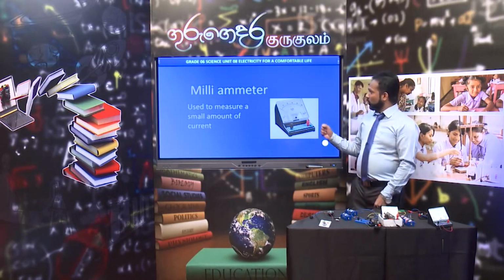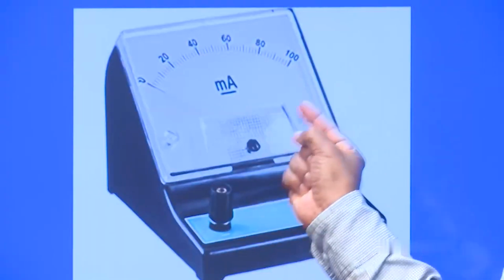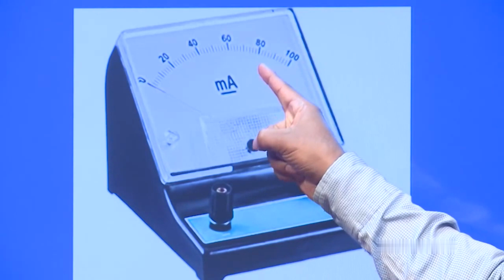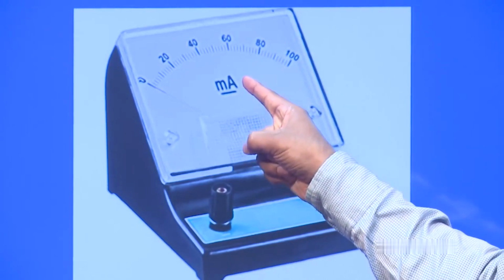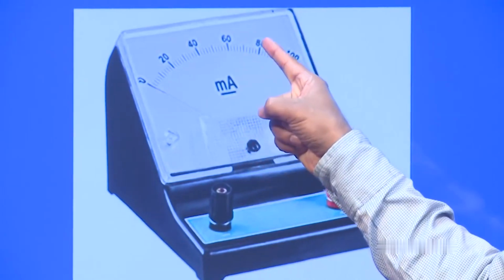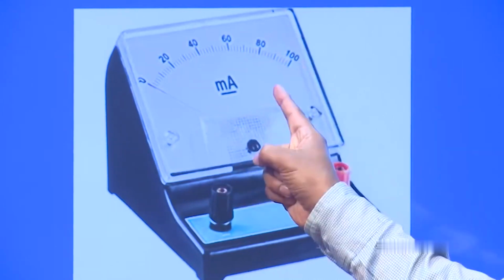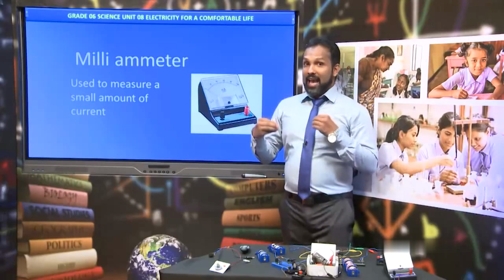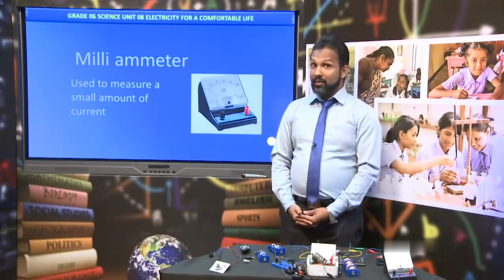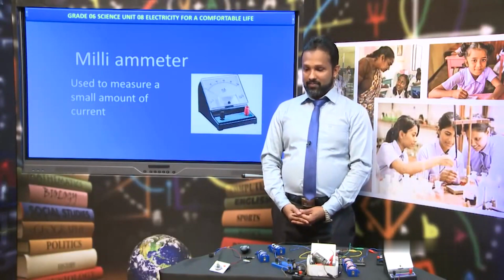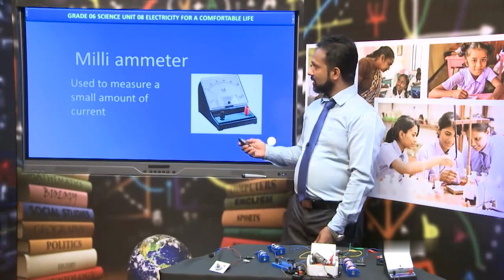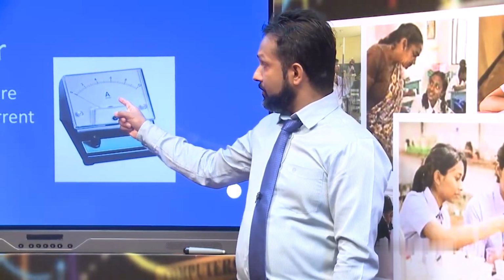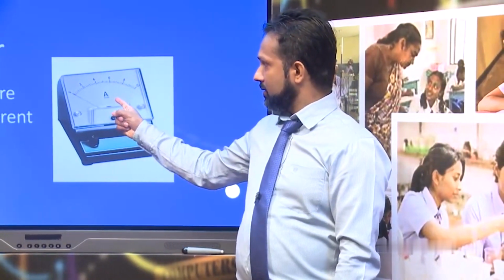When you look at the picture of a milliammeter, you can see it is marked as simple m, capital A. But on the ammeter, only the capital A is there, right?